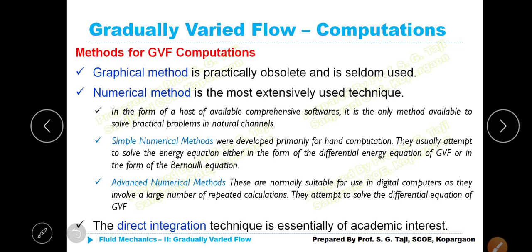So these we have already seen. The graphical method is practically obsolete nowadays, and direct step method is the one which will help us understand the various water surface profiles, how long they occur on the upstream side, so that the remedial measure could be undertaken.